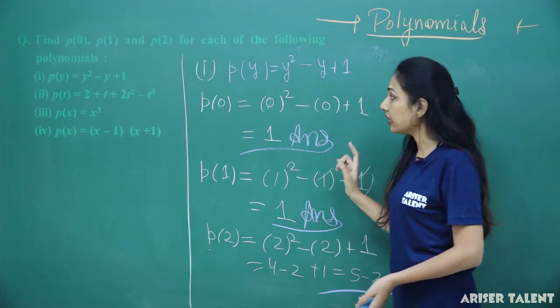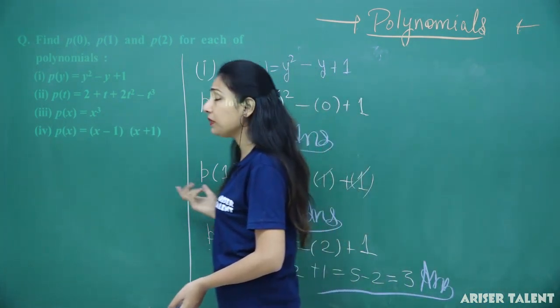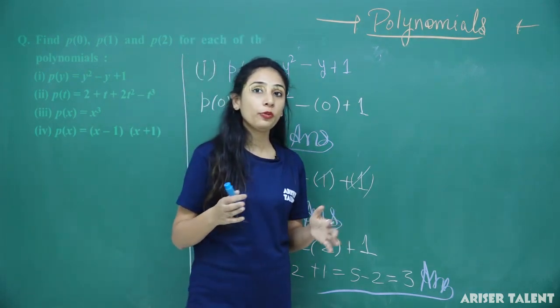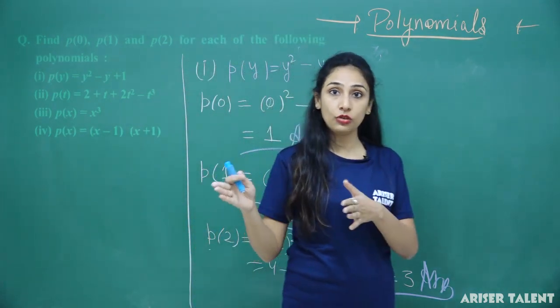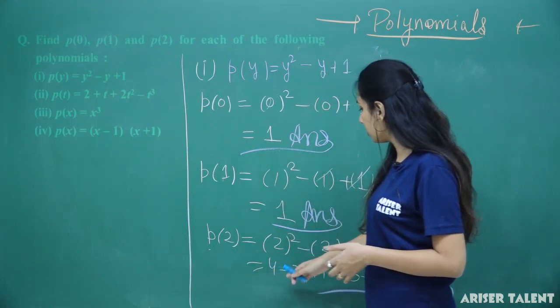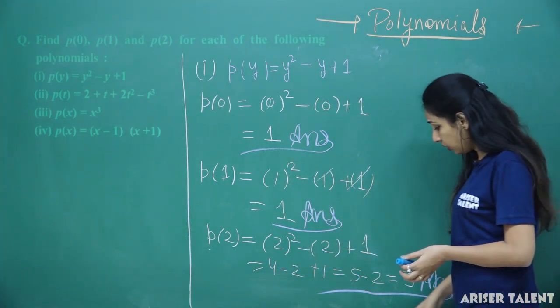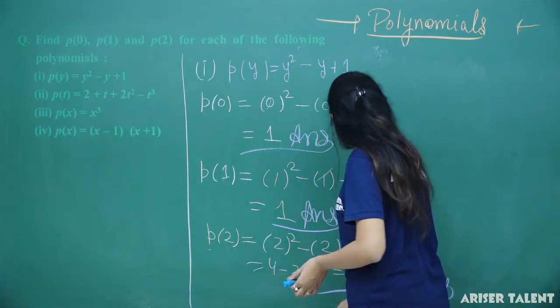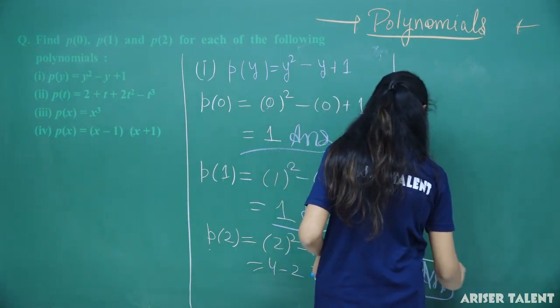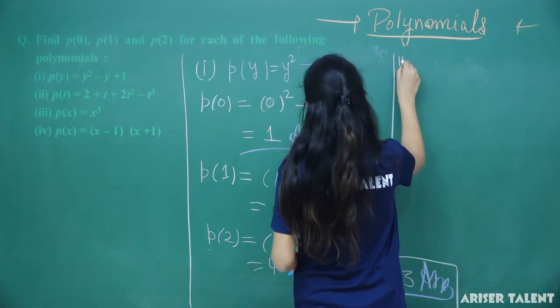So in that situation, the polynomial of 0 and polynomial of 1 are the same, the value is 1. In that case the value differs. Okay, so do this.